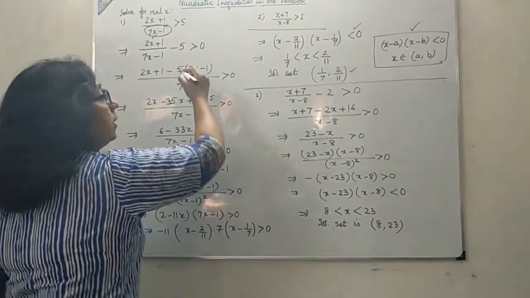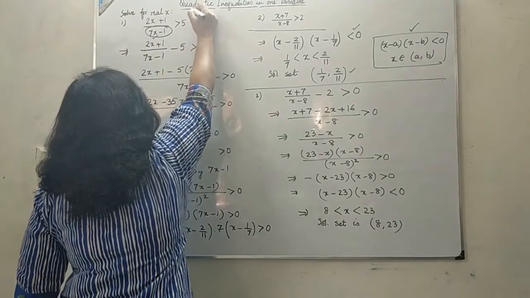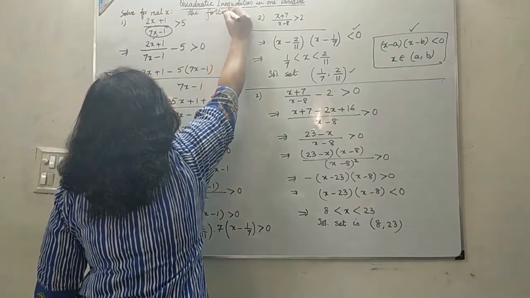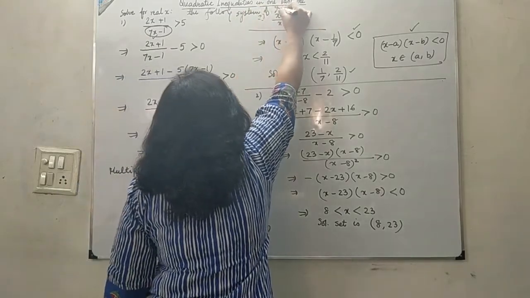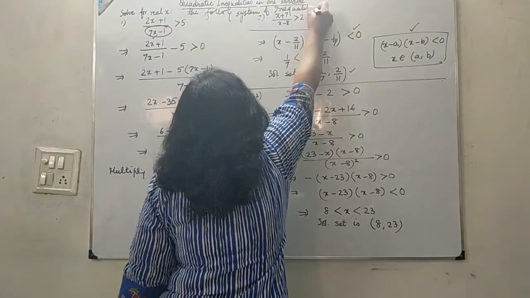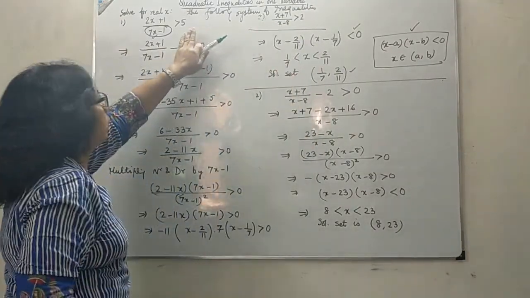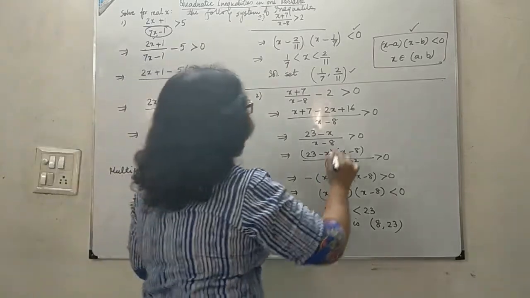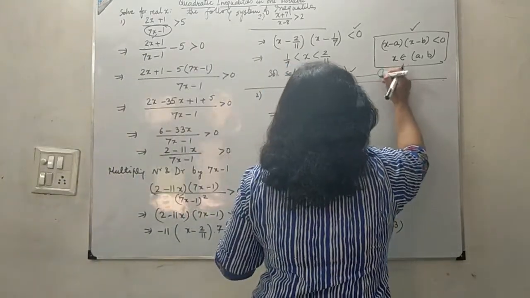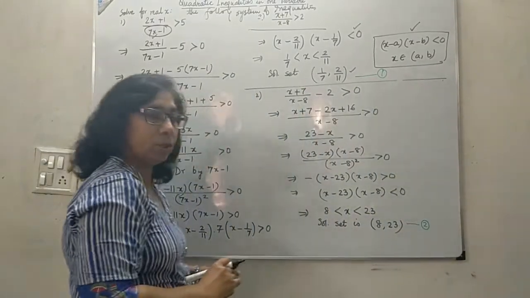But if the question is to solve for real x the following system of inequalities, that means we have both of these in one single question, then to solve the system of inequalities we have one solution as this and another solution as this. Now can you combine the solutions?